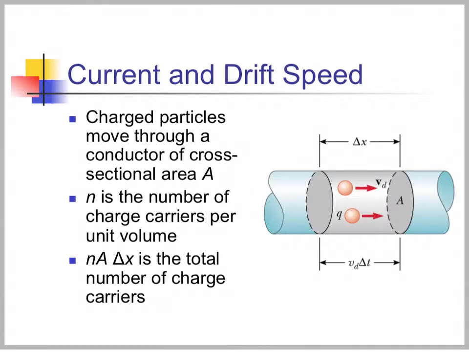Now, how fast do charges actually move? So let's look at some charged particles moving through a conductor that has a cross-sectional area A. And N is the number of charge carriers per unit volume. And then if we multiply that by the volume, which would be the cross-sectional area times the length that I'm looking at, that is the total number of charge carriers in this gray area.